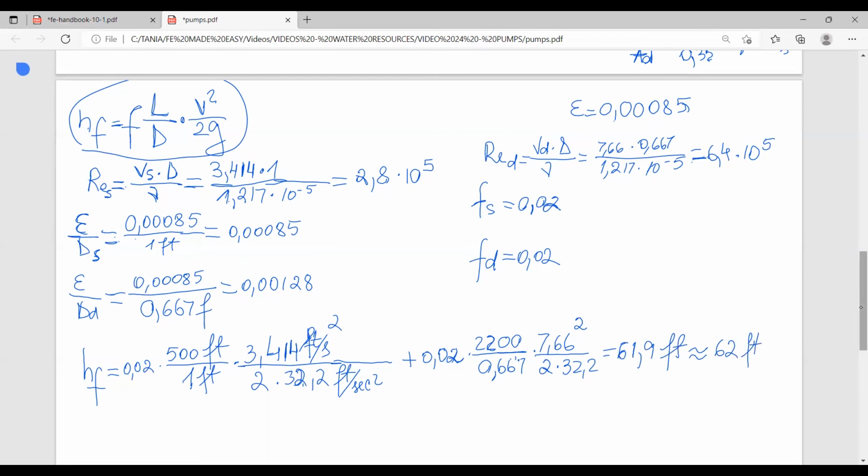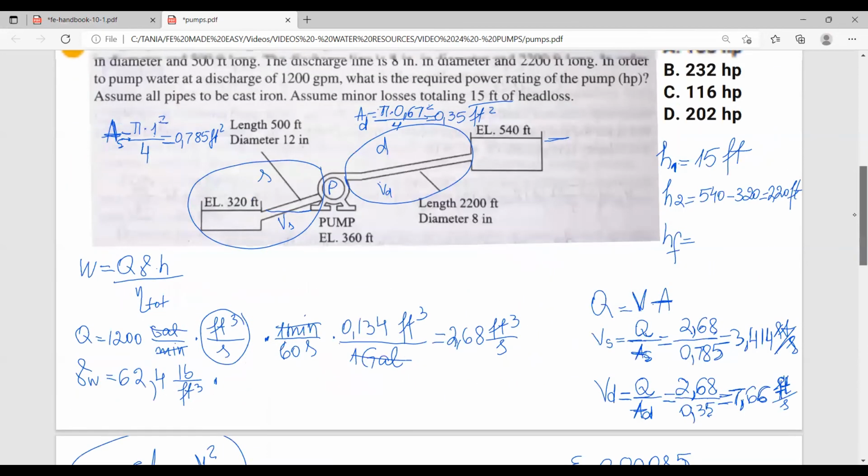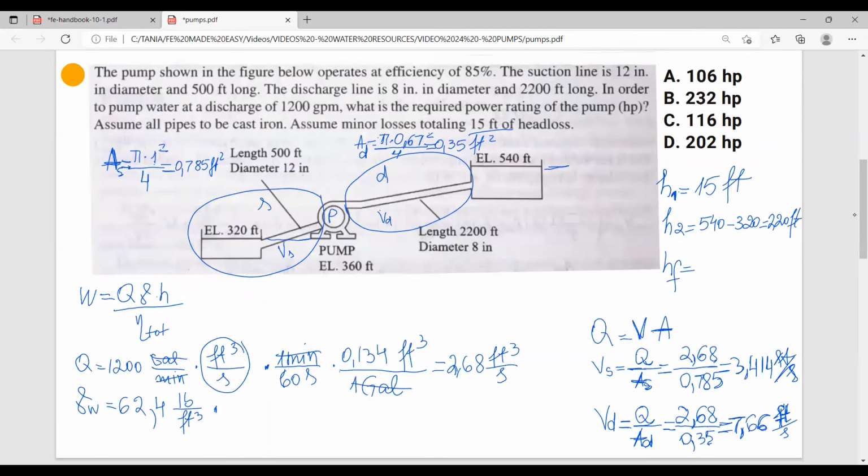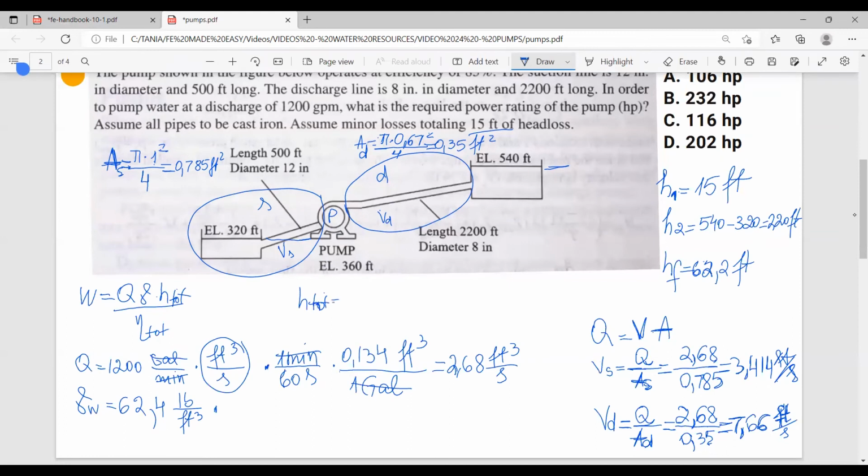And if we go back to the formulas, this is the head loss due to friction here, which means that our total H, H total, equals H1 plus H2 plus HF.